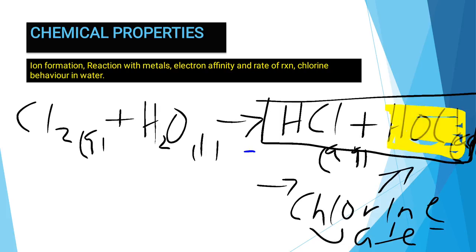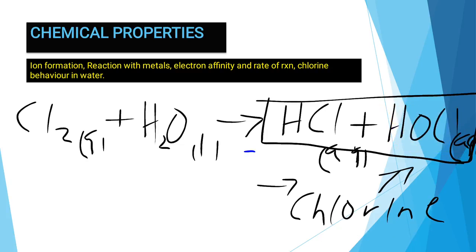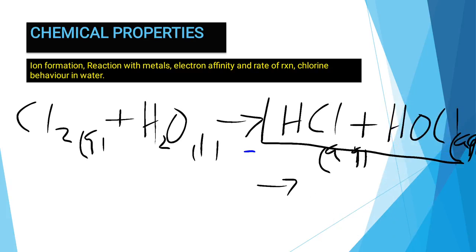If you are to leave this solution, which is called chlorine water, in presence of sunlight, you note that the oxygen atom that we have here is usually lost to the atmosphere.